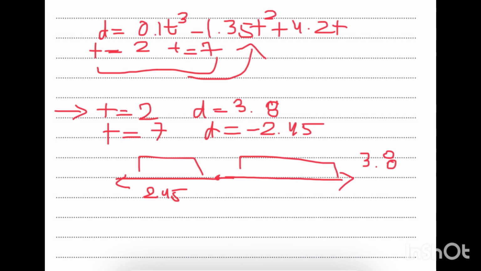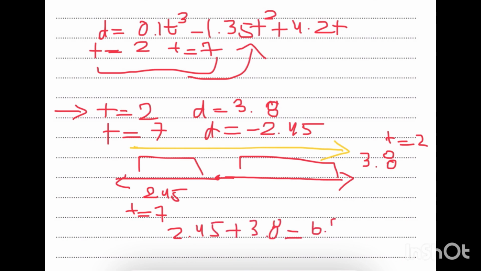So if we were to find the distance traveled between t equal to 2 and t equal to 7, we would need to add 2.45 and 3.8, so we get this entire distance. So when we add 2.45 with 3.8, we get 6.25 meters, and this is the distance traveled between the times when particle P was at instantaneous rest.